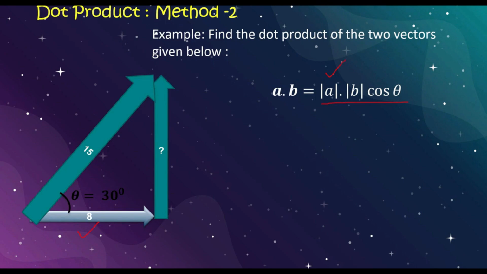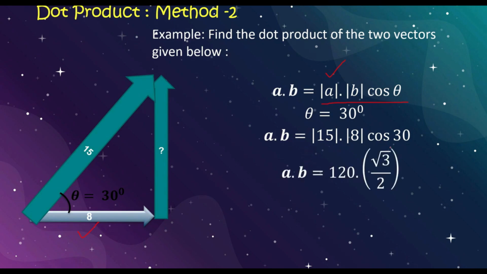alternatively used to calculate the dot product. So here mod of A is 8 and mod of B is 15. The angle between the two is given as 30 degrees. So A dot B will be 15 into 8 cos of 30. If we solve it, we will get 15 into 8, 120.